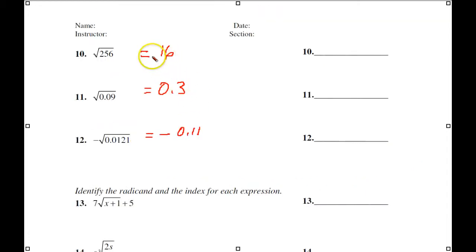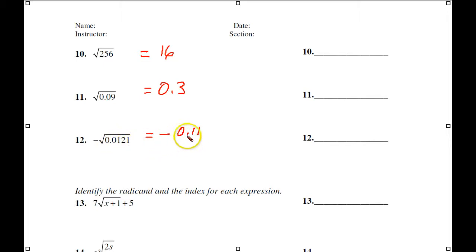So here we're interested in the principal square root is 16. The principal square root is 0.3. And then again, because of the negative, the principal square root of that is 0.11.